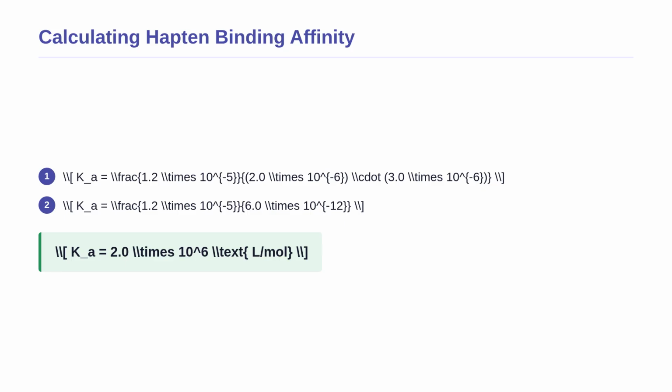First, we substitute these given values directly into our equation. Next, we simplify the denominator by multiplying the free concentrations together, giving us 6.0 times 10 to the negative 12. Finally, dividing the numerator by the denominator gives us 2.0 times 10 to the 6th liters per mole. This high number physically means the hapten has a very strong affinity for the antibody, proving the hapten carrier design was highly successful.